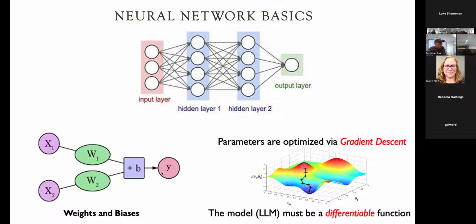What we do when we're trying to train one of these models is we pass our data into the input layer, all the way through, a forward pass through the fully connected network. Then we evaluate what happens on the output layer. In this case, we just have one neuron on the output layer, so it's probably a binary classifier. Let's say we're asking, is this a picture of a dog, yes or no?